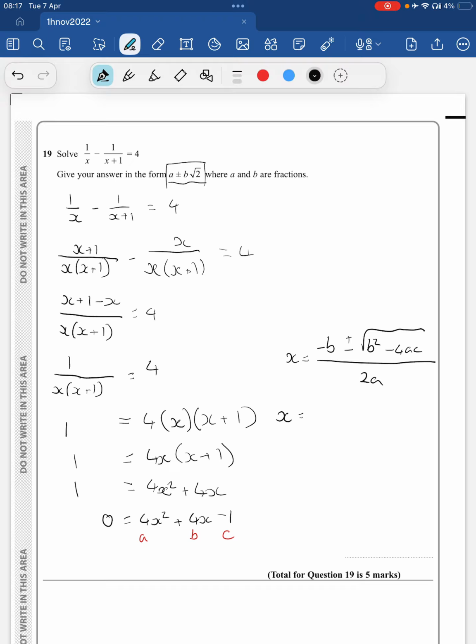So x is equal to negative 4 plus or minus the square root of 4 squared minus 4 lots of 4 times negative 1.